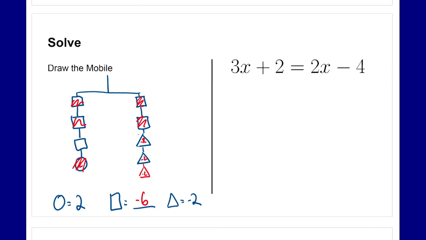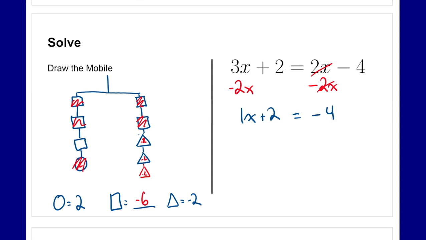I'm going to cancel out this 2x by subtracting 2x, and I'm going to do the same thing to the other side. So 3x minus 2x is 1x. The plus 2 is still there. The 2x minus 2x cancels each other out, and all that's left is -4.